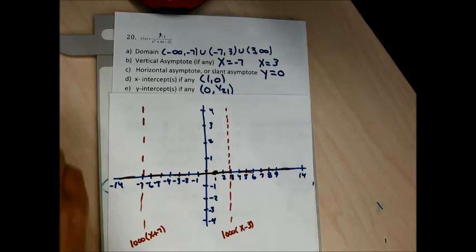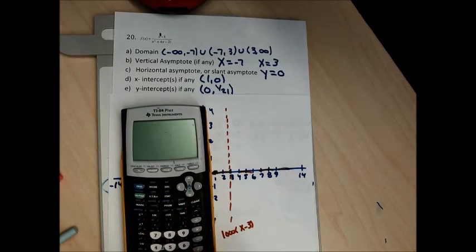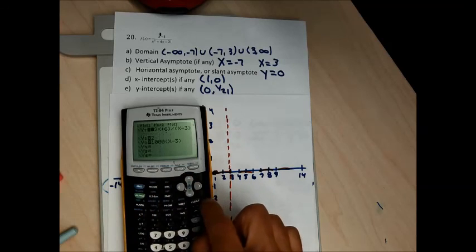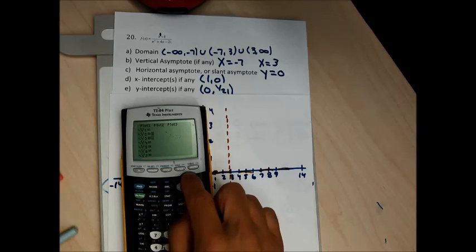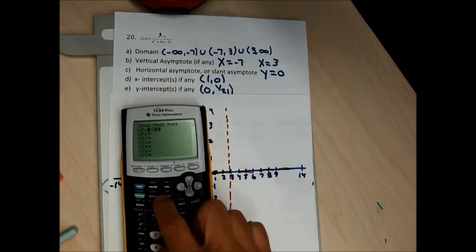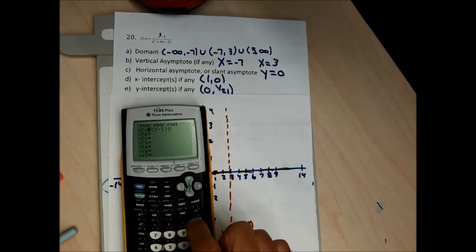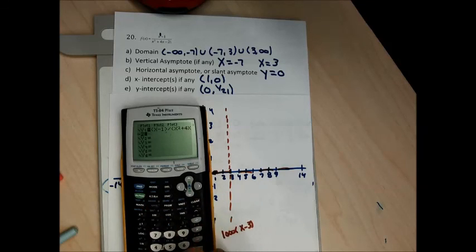And now I'm going to get my calculator to graph. So I'm going to set my window up. I'm going to go from negative 14 to 14 on the x's and negative 4 to 4 on the y's. Now I'm going to enter the function, clear out all this junk. Parentheses x minus 1 divided by parentheses x squared plus 4x minus 21. When I graph it, it's not going to show the asymptotes.